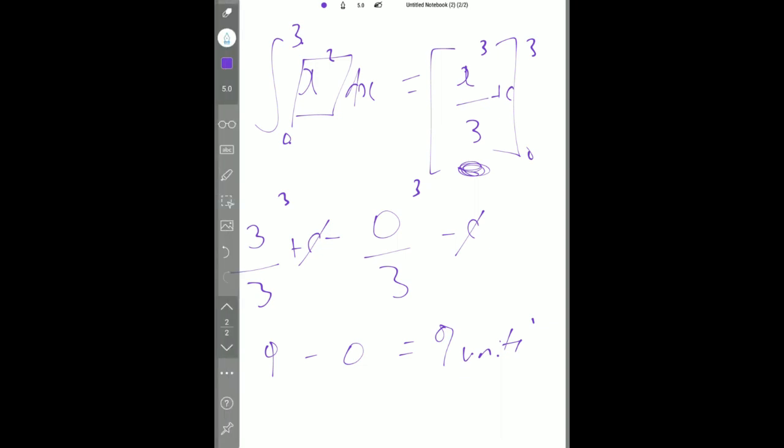So let's look at another example. Let's say that we wanted to find the area under the curve x over (2x plus 1) to the power of 3, from 0 to 1.